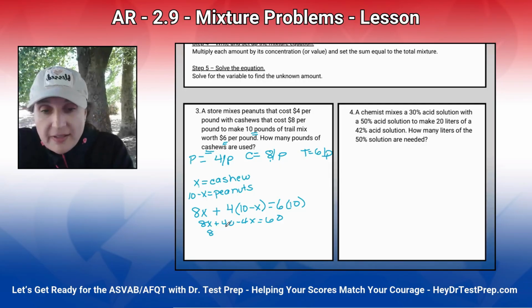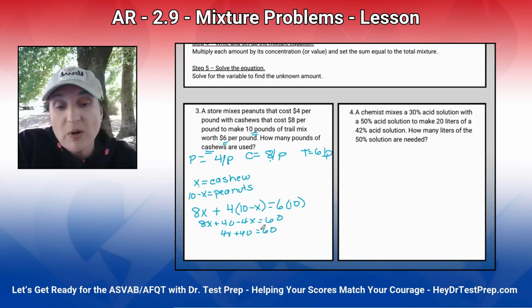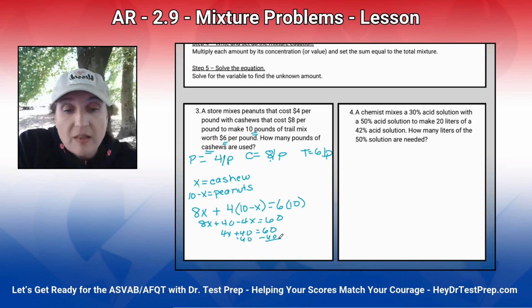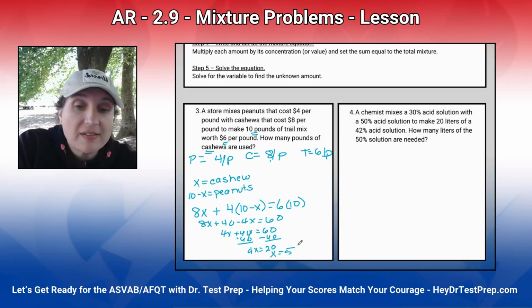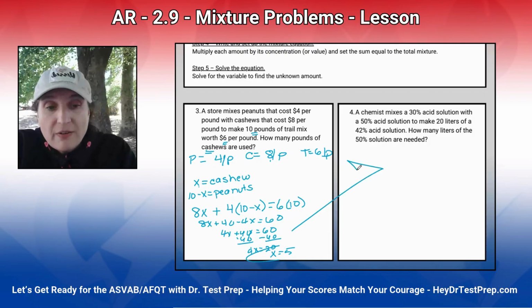Let's just simplify that right there. 8X minus 4X is 4X. So we've got 4X plus 40 equals 60. Subtract both sides by 40 so we can isolate the variable. 4X equals 20. X equals 5. So 5 pounds of cashews were used for that problem.